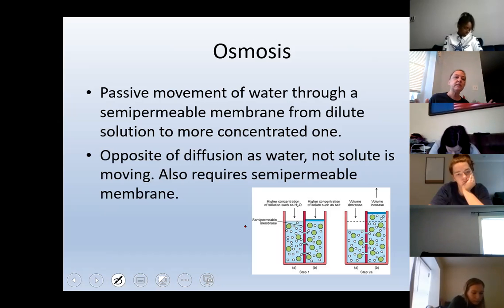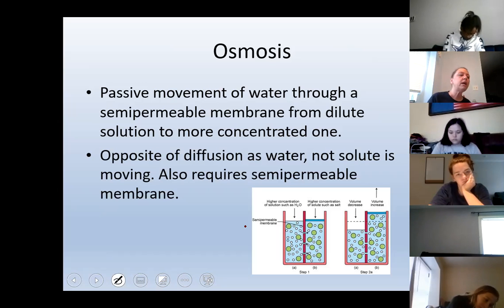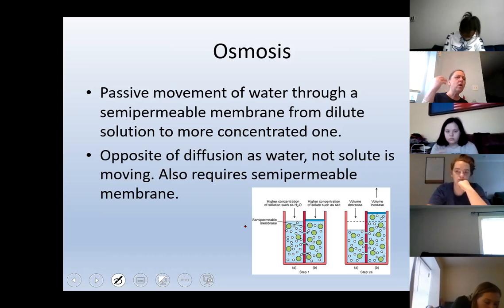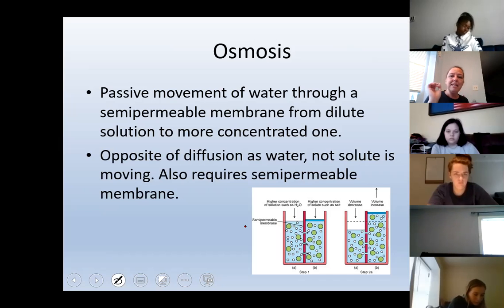Even Steven means it wants every pressure to be the same. I don't want there to be a higher pressure somewhere than somewhere else. I want it all to be even Stevenness. I don't want there to be a concentrated area of something and a not concentrated area. I want to dilute it out and make everything exactly the same. That's kind of the whole premise behind every function of your body, is to maintain sameness.